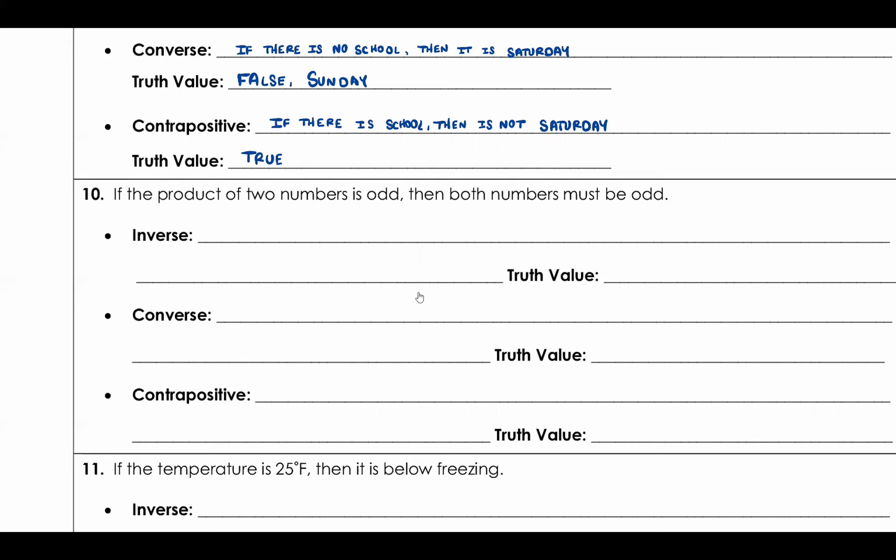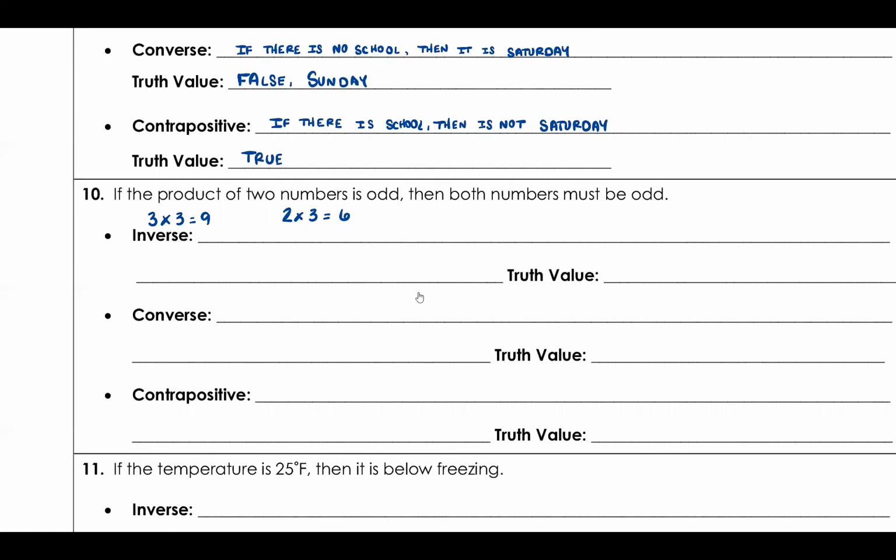Product's multiplication, right? So let's just say 3 times 3 is 9. So that'd be an odd product. Both numbers were odd. What about 2 times 3? 6. Is that an odd product? No. So yeah, that's fine.